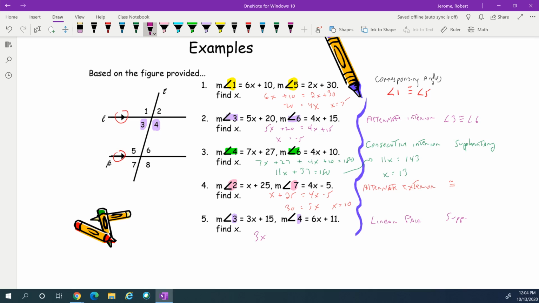So we have 3x plus 15 plus 6x plus 11 equals 180. That's 9x plus 26 equals 180.